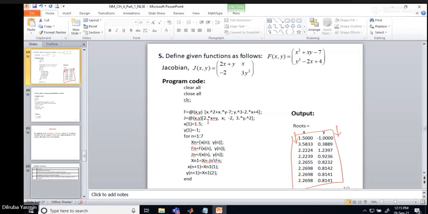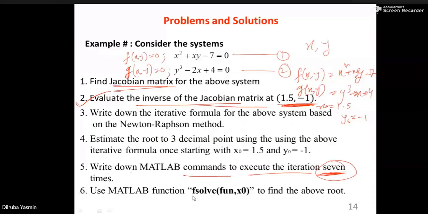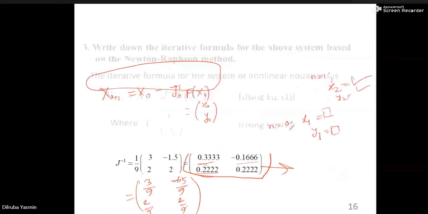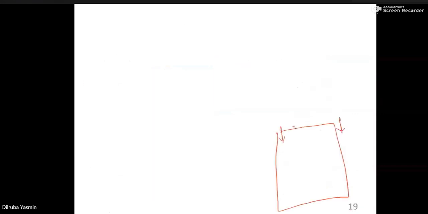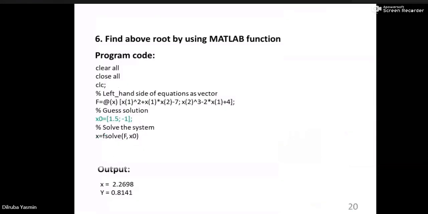Or you can give the command fsolve to find the root of the system of nonlinear equations. So this fsolve command can be used. So you can get this code here.